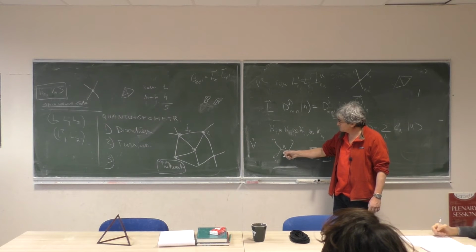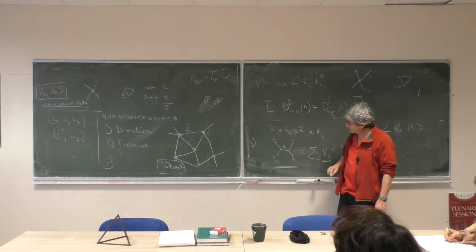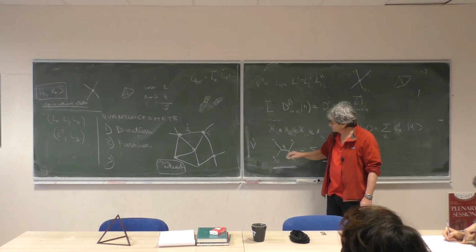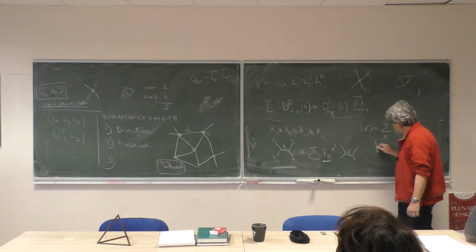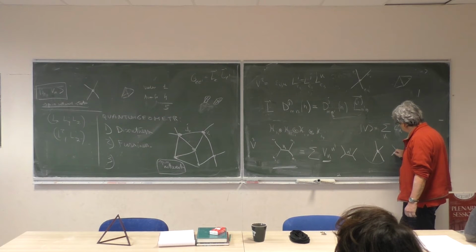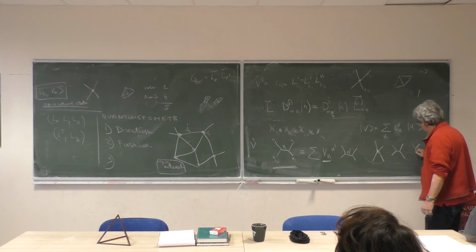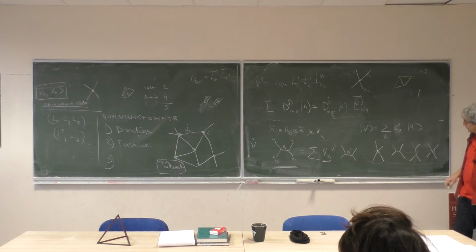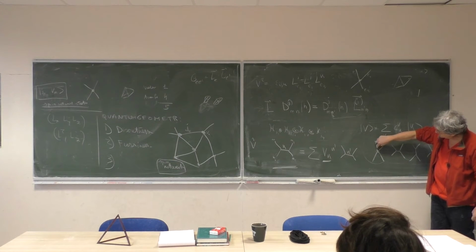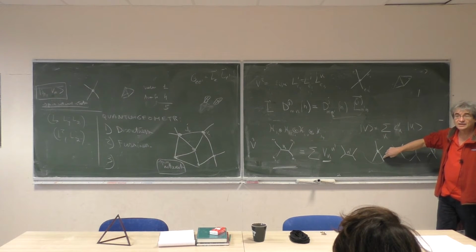So this basis is convenient for calculations. It is not unique, in the sense that if you have a four-valent intertwiner, you can split it this way, you can split it this way, or you can split it this way. So you can pair this with this, with this.